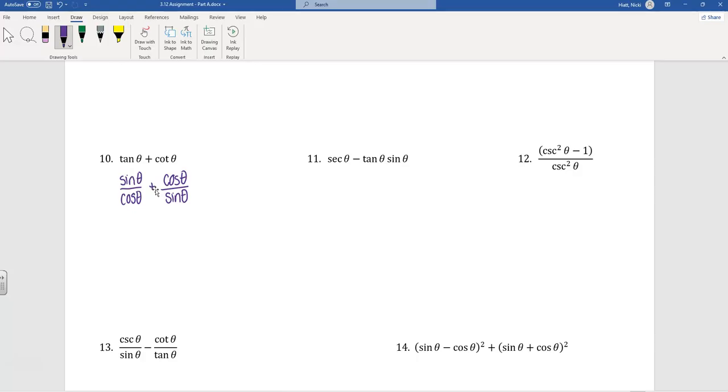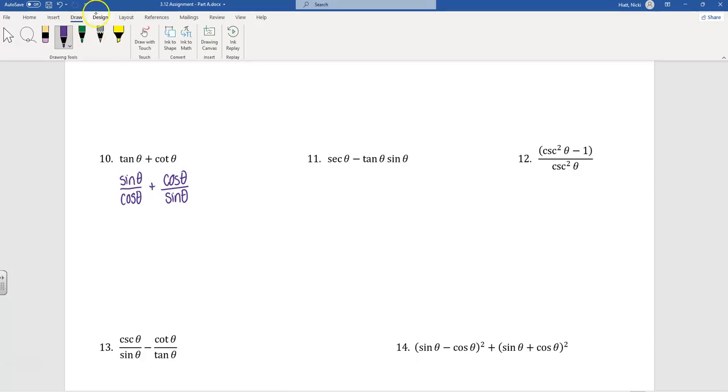I want to add them together, but can I add these together? What do I have to have to add fractions? Common denominators. So I cannot do sine theta plus cosine theta over cosine theta plus sine theta. That won't work, right? I need a common denominator here.